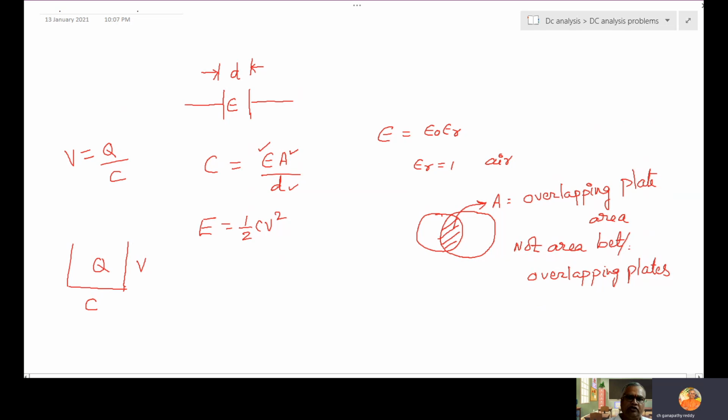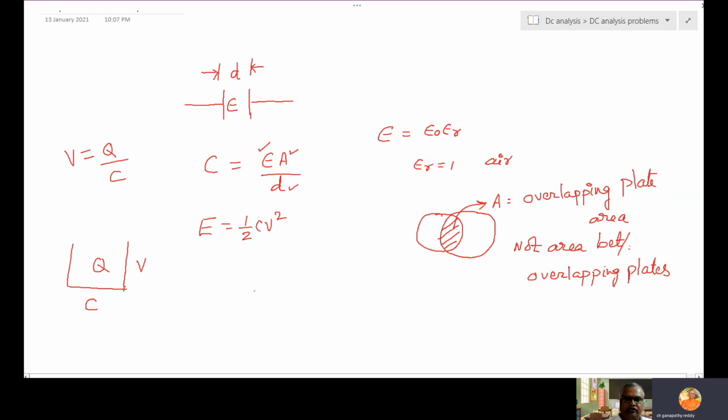So these three only are useful to change C value. When C is changing, if you fix V, then Q changes, or if you maintain Q constant, V will change. So this is the simple concept.